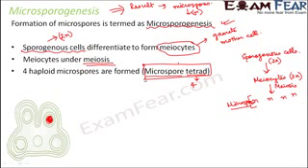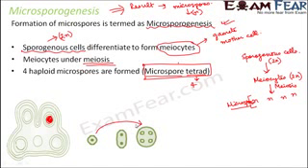Now what happens to these microspores? With maturity, these microspores will dissociate from each other in the tetrad. So here you can look at the figure. This is how a sporogenous cell is, and this will undergo meiosis and give rise to 4 cells. So a tetrad will be formed. This is how the tetrad will look like.